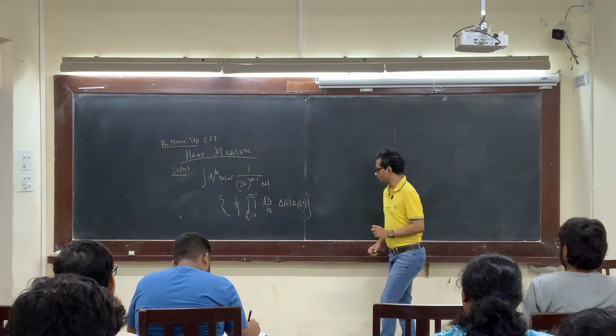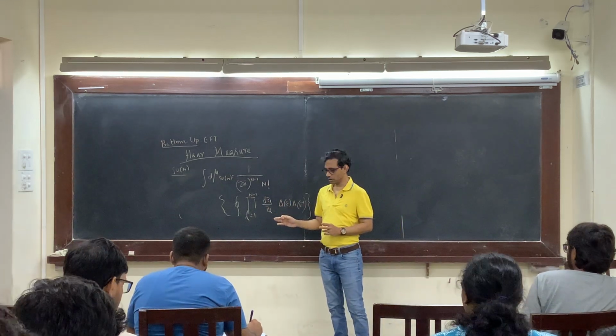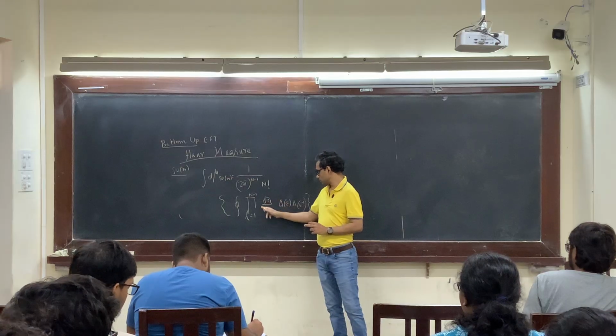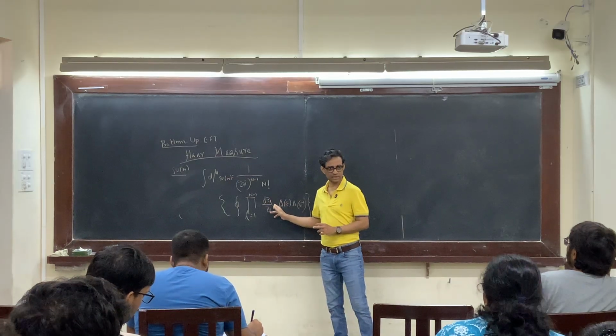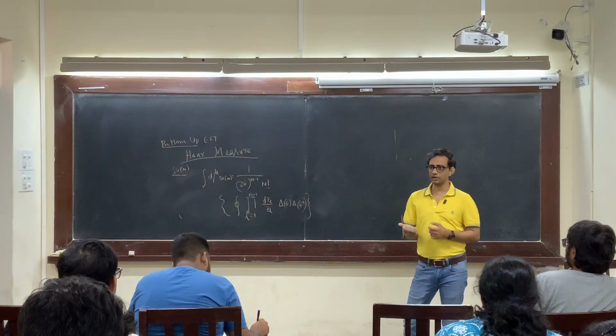Now, first you can see that this is a very mixed definition. This measure is in terms of z and this is epsilon, but at this point you know how to relate epsilon and z.